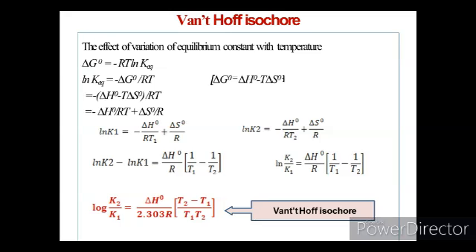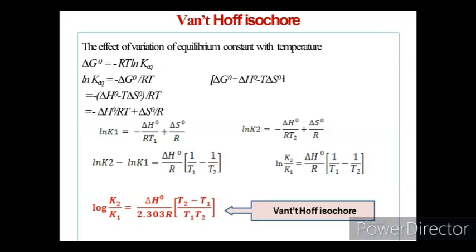Because it is a negative term, we take it as a positive term, so it will come as 1 by T1 minus 1 by T2. I am taking the LCM here, T1 into T2. Therefore, T2 minus T1. ln K2 by K1 equals delta H0 by R times (T2 minus T1) by T1 T2.